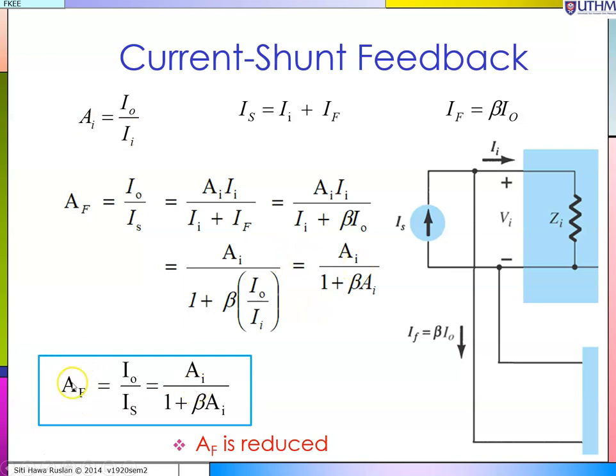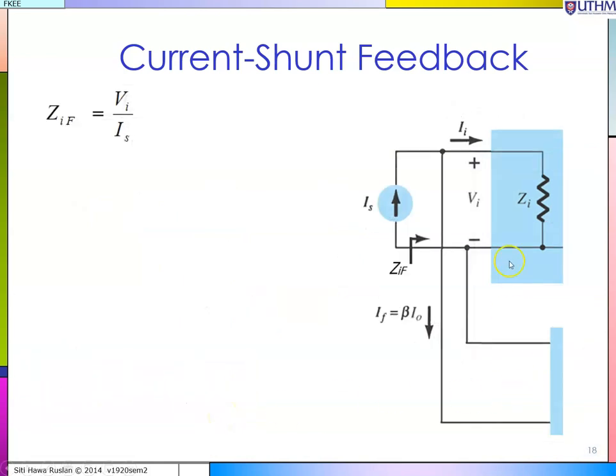So the overall gain, which is the gain for the current amplifier with the current shunt feedback, will be reduced. And for the input impedance, what will happen? ZIF is the input impedance with feedback, the voltage across it is VI, and the current flowing is IS. By definition, ZIF is VI divided by IS.